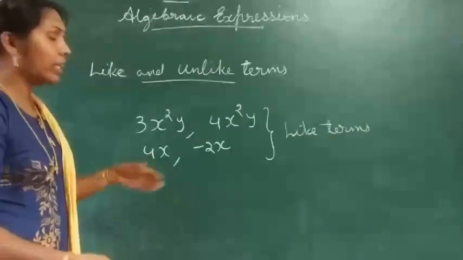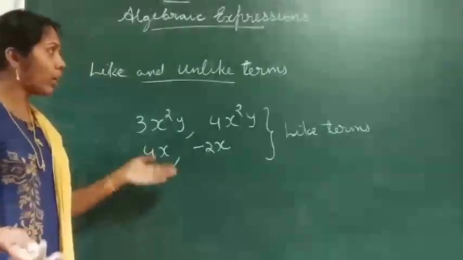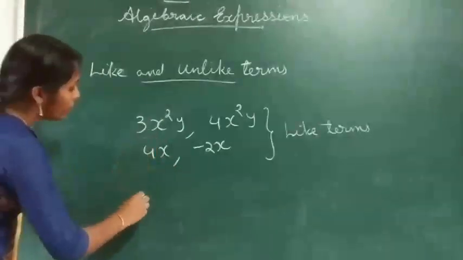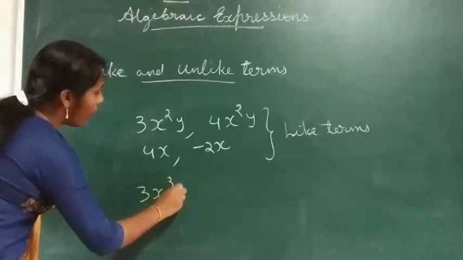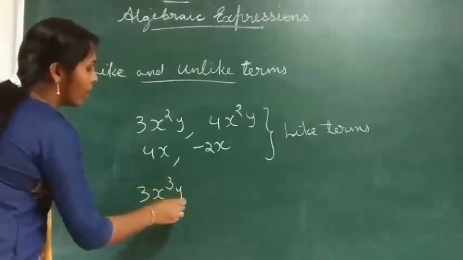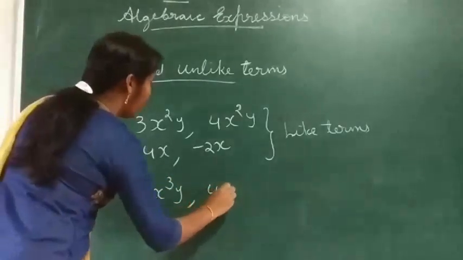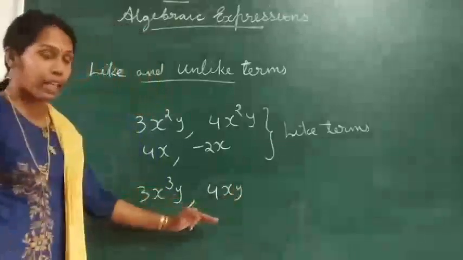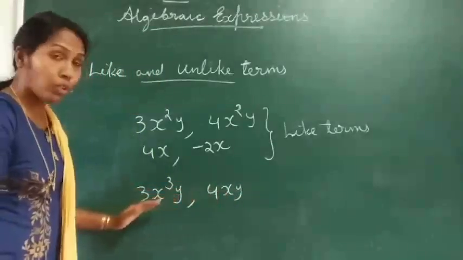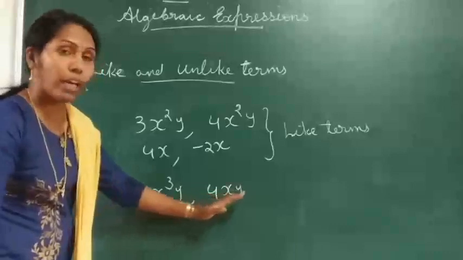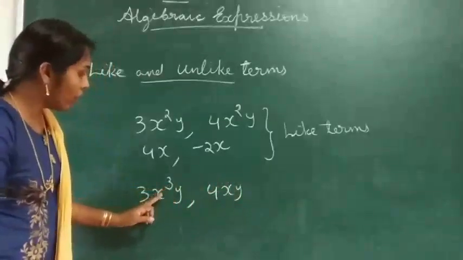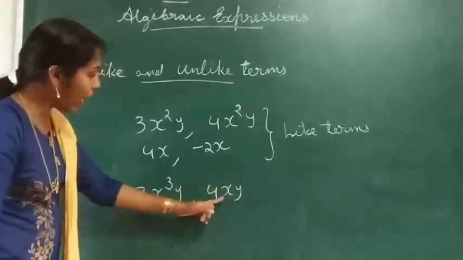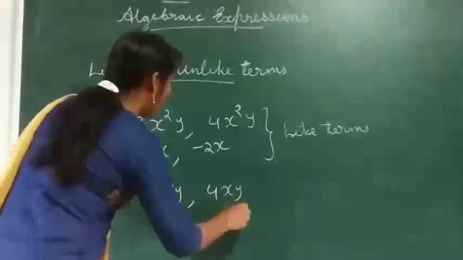Now, the terms that have different variable factors are known as unlike terms. For example, 3x cube y and 4xy. These are unlike terms because, though there are xy and xy in both the terms, the powers of x are different. So they are unlike terms. And also we can have 4x.